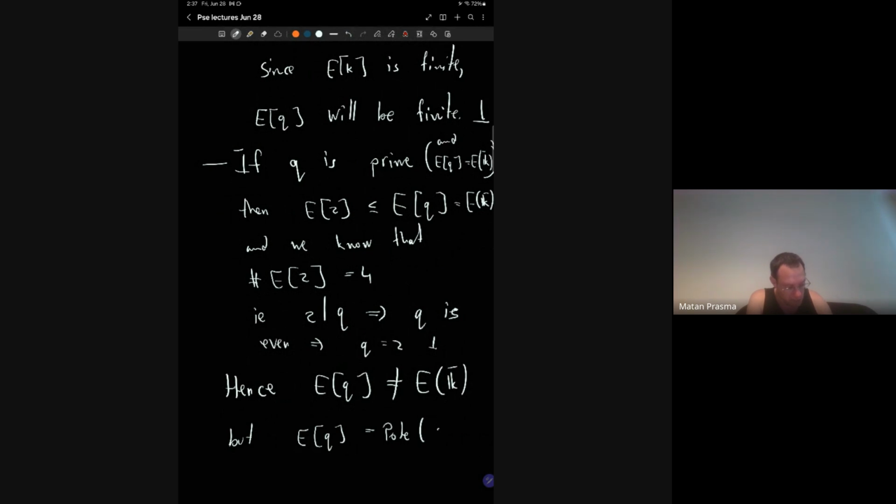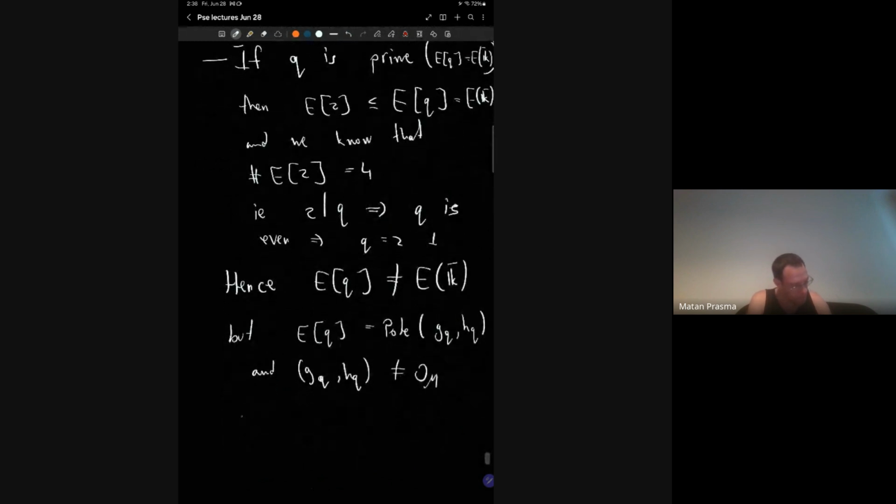I mean, GQ, HQ. Hence finite. And GQ HQ is not the zero rational map, hence EQ is finite.